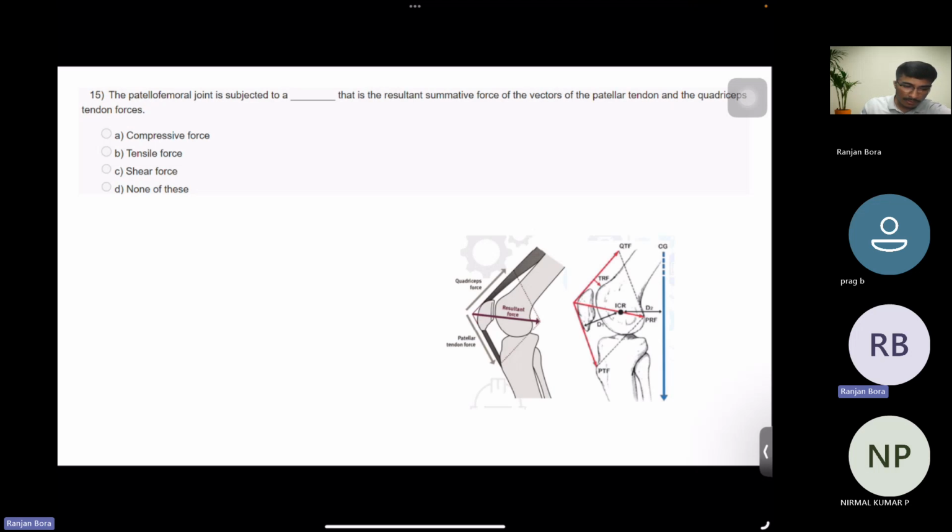So you can see here there is patella, and this patellar tendon force is acting in this direction and quadriceps force is acting in this direction. So resultant force is acting in this direction. So it is a type of compressive force. It is trying to compress this femur. So that's why option A is correct.